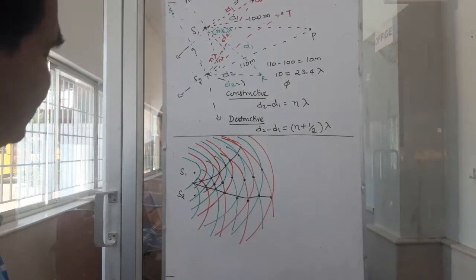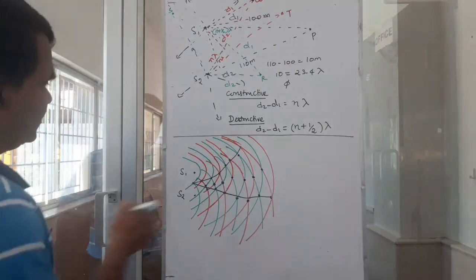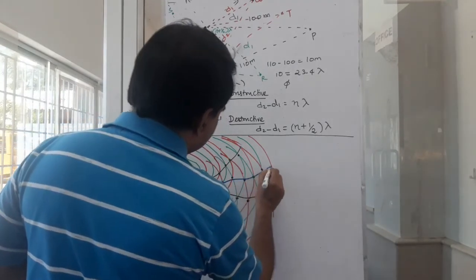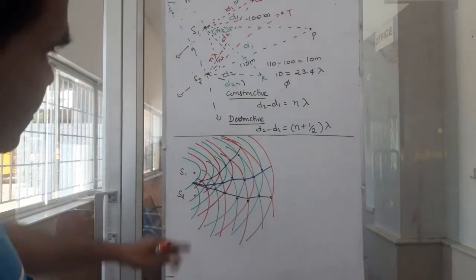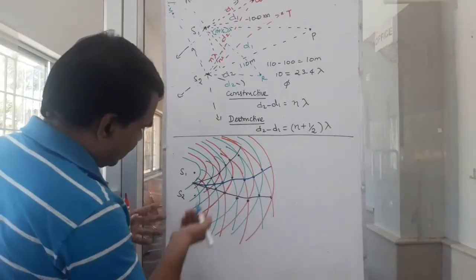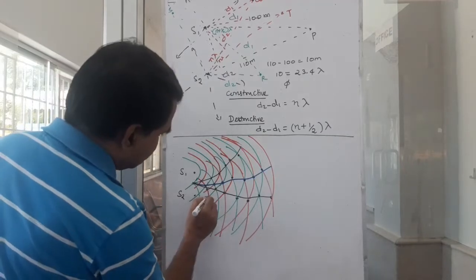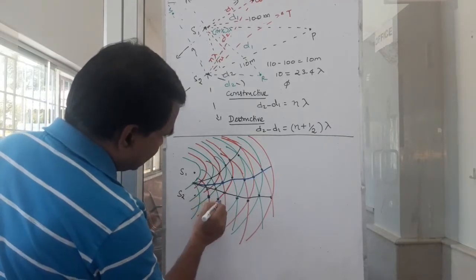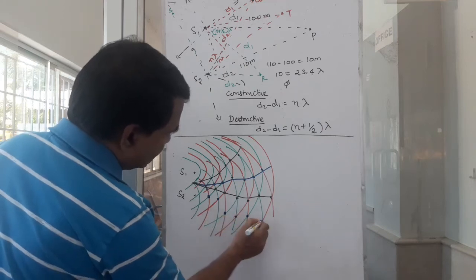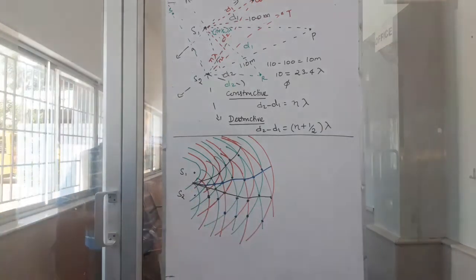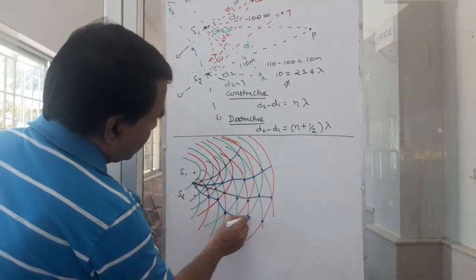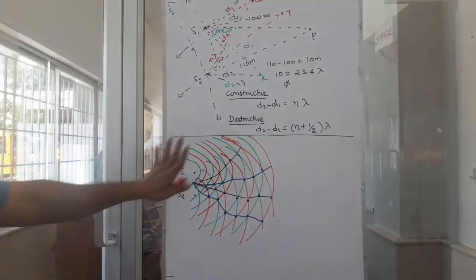So that can happen other places too, right? So here, here, and here, here, here, here. So these are points where you get destructive interference. As for my diagram, this is what it is.